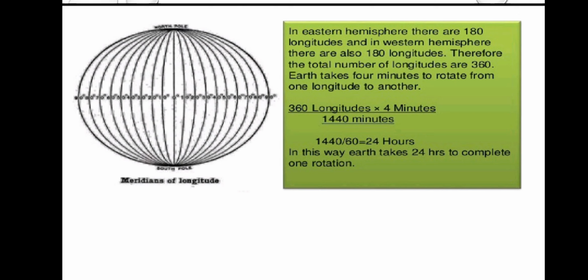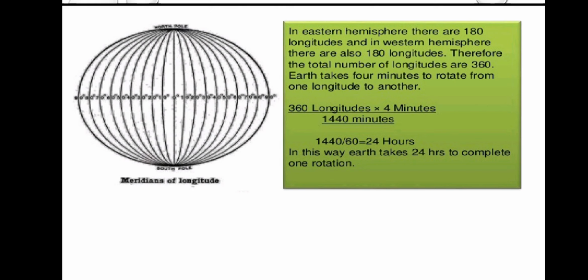In Eastern Hemisphere, there are 180 longitudes, and in Western Hemisphere, there are also 180 longitudes. Therefore, the total number of longitudes are 360 degrees. Earth takes 4 minutes to rotate from one longitude to another. So, what is the conclusion? 1 degree is equal to 4 minutes.